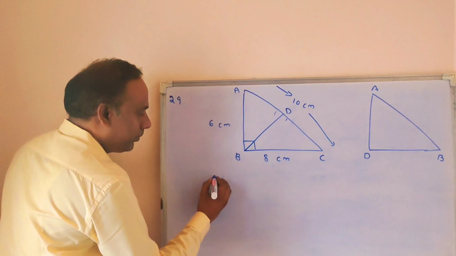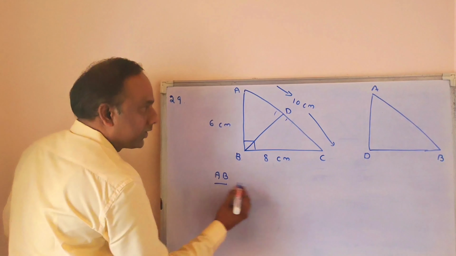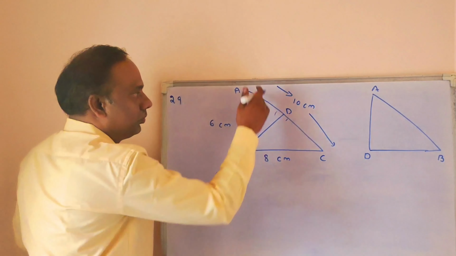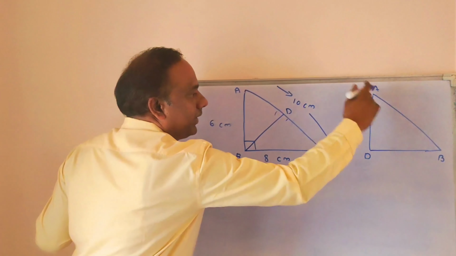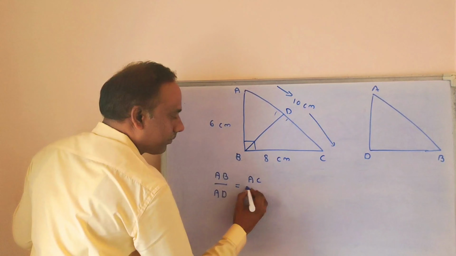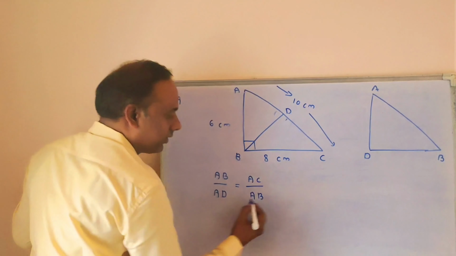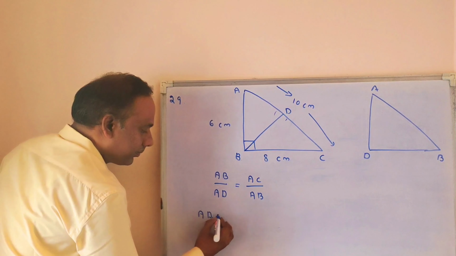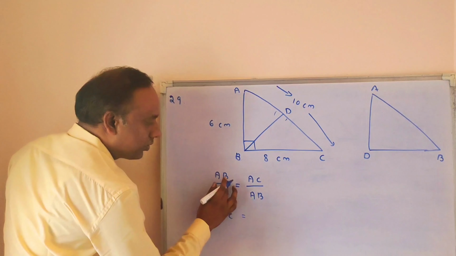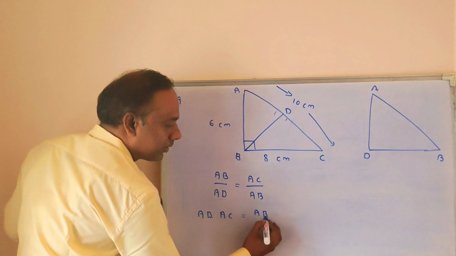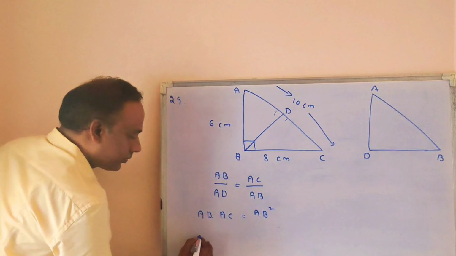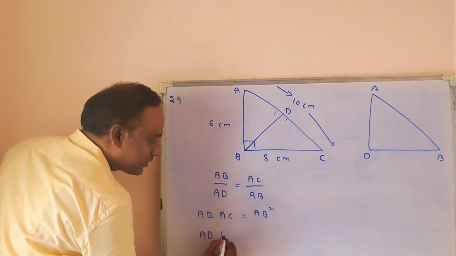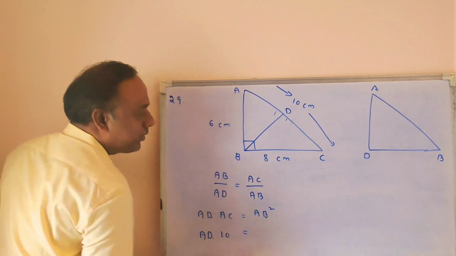That is AB by AD is equal to AC by AB. Now cross multiplication, AD into AC is equal to AB into AB, which is AB square. AC value is 10, so AD into 10 is equal to AB square.